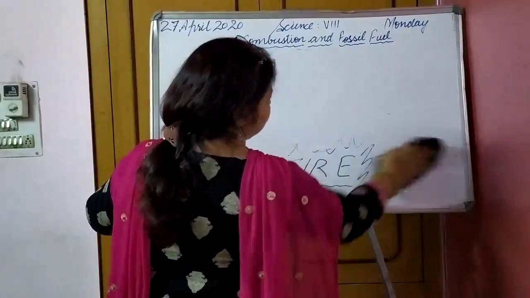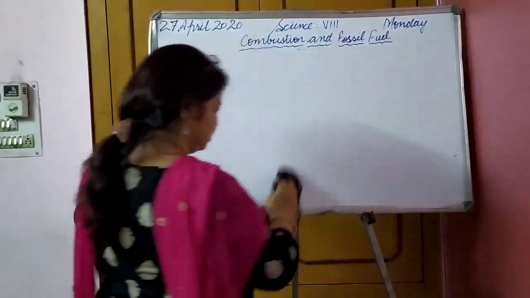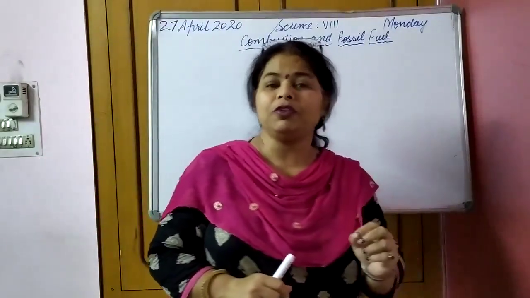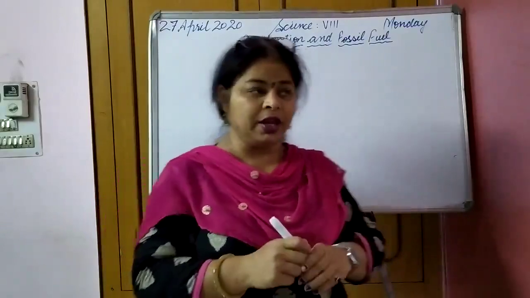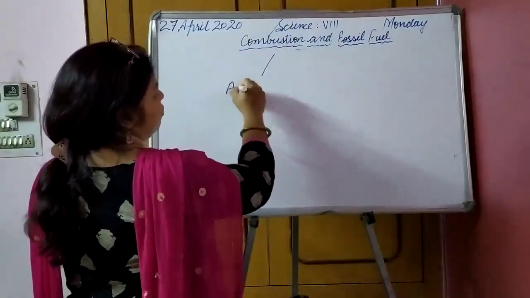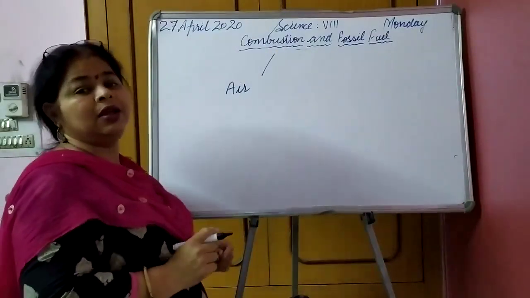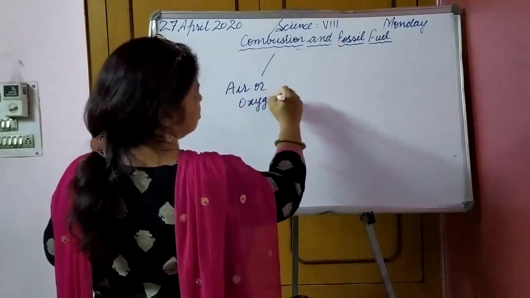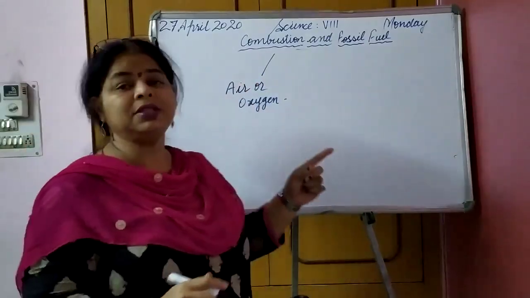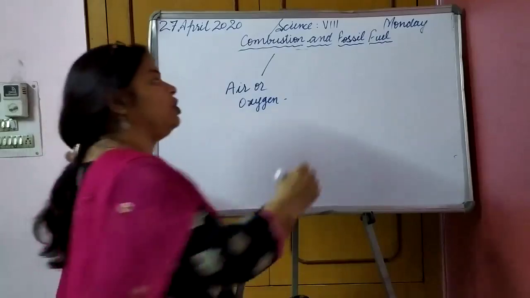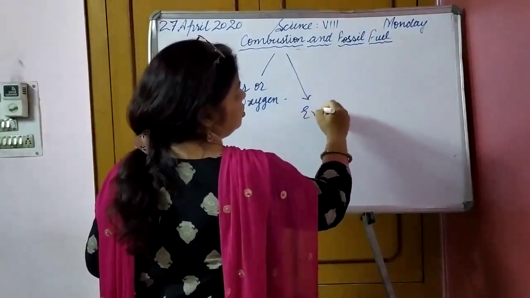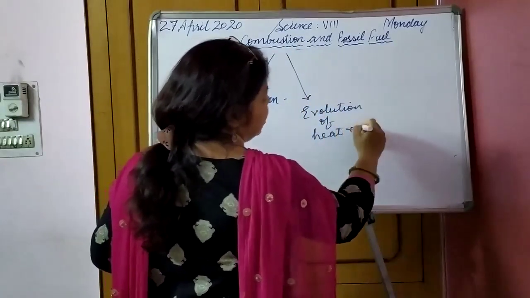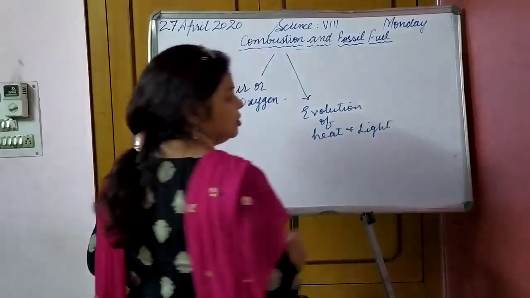As I just told you, combustion means the process of burning of a substance in the presence of air or oxygen, either air or oxygen, and evolution of heat and light takes place.